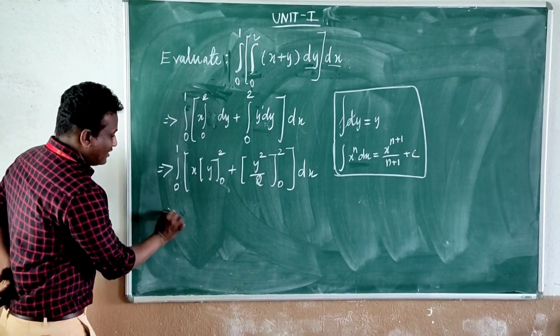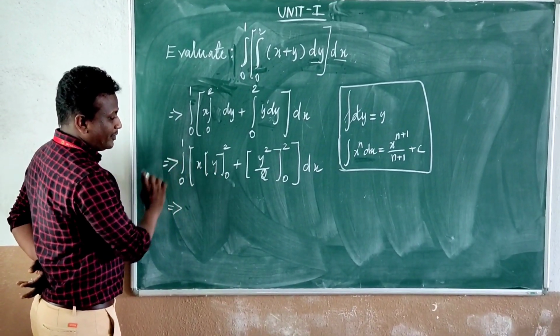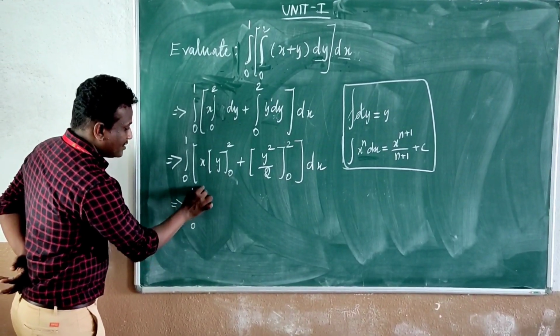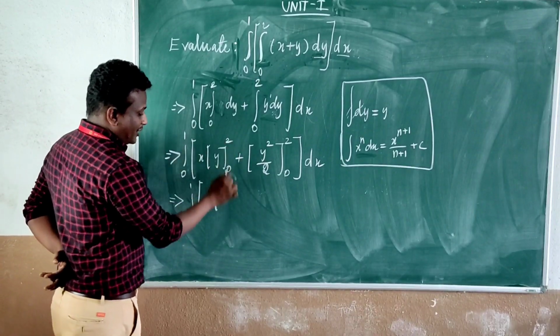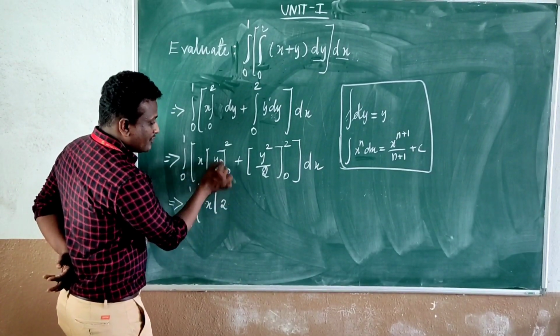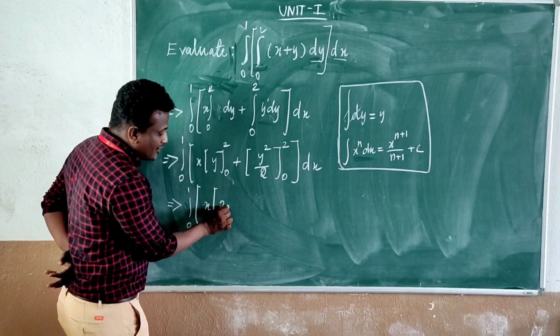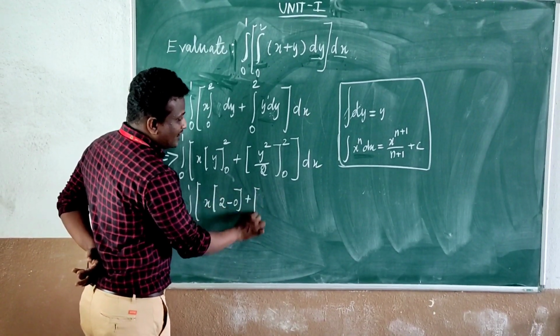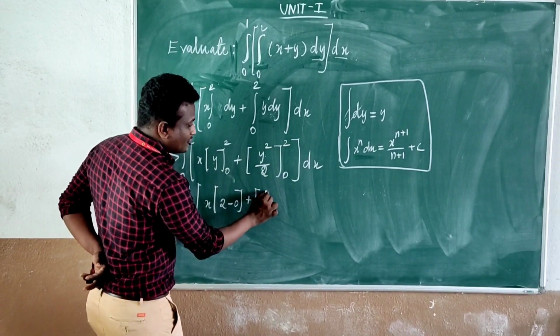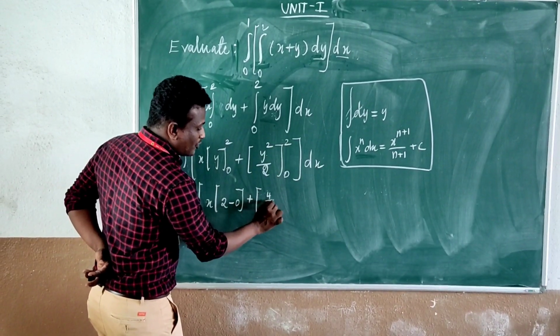Now let us apply the upper limit first, then the lower limit. So 0 to 1, this is the already existing term. Now for x, first apply the upper limit, you get 2. When you apply the lower limit you put a minus, it is 0. Now close the bracket, plus symbol. Now apply the upper limit, it is 2 square, the answer is 4 by 2.